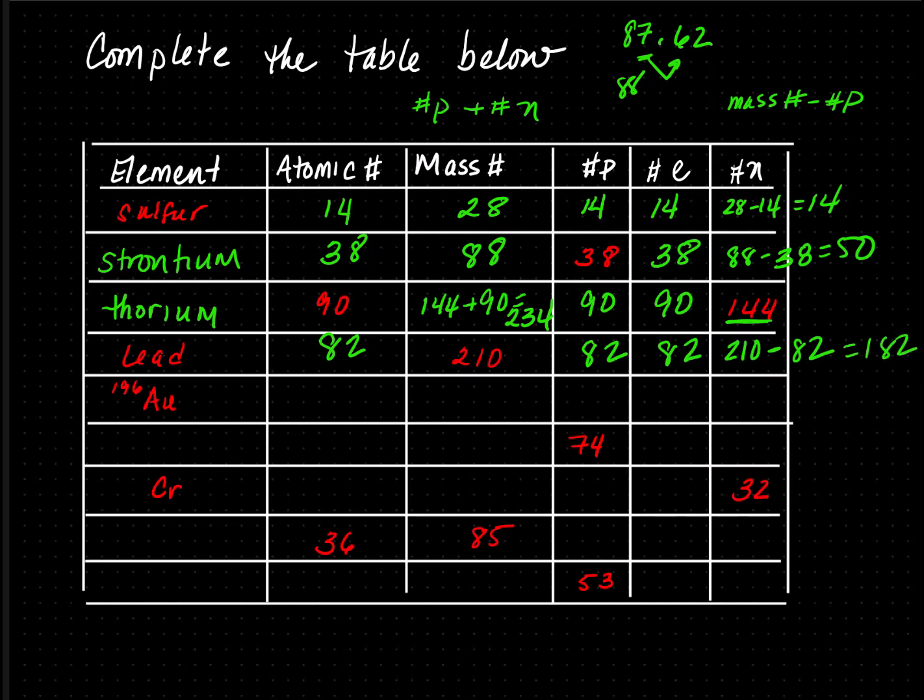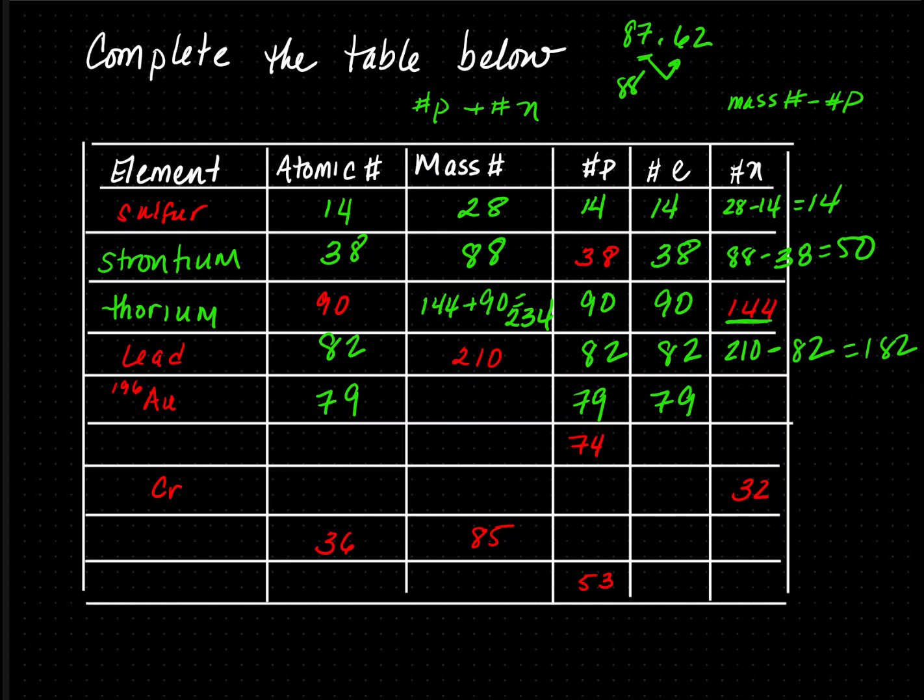Au is gold. If I look up gold on the periodic table, it has an atomic number of 79. That gives us the number of protons, which is also 79. Since no charge is provided, this is a neutral atom. The number of electrons is also 79. The mass number is given right here.